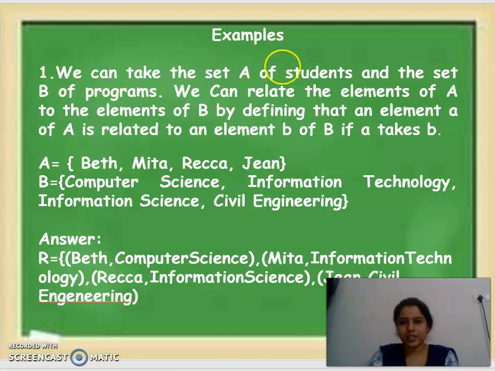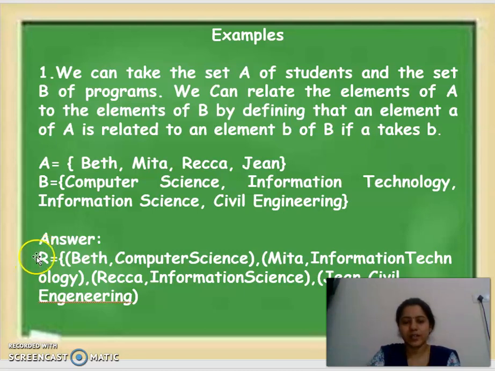A is a set of students and B is a set of programs, and here we relate the elements of A to the elements of B by defining that an element of A is related to an element of B if A takes B. Then we pair the elements of A and B.